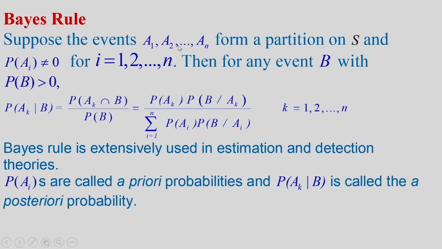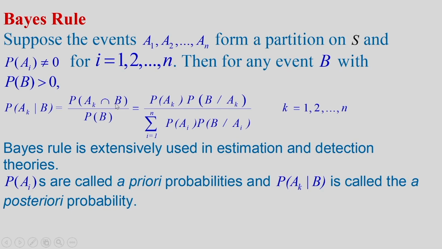We know these events A1, A2 up to An and their probabilities also, that way these are a priori probabilities. Then for any event B with P(B) greater than 0, we can write P(Ak given B). Suppose this event B is given, then what is the probability of this prior event Ak? P(Ak given B), by definition, is equal to P(Ak intersection B) divided by P(B).